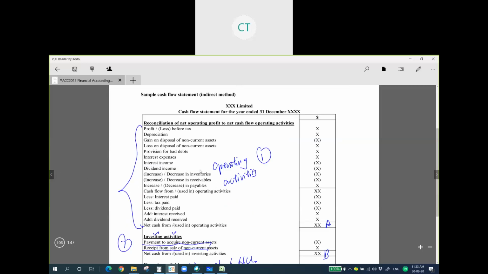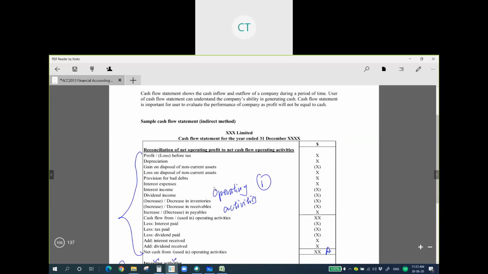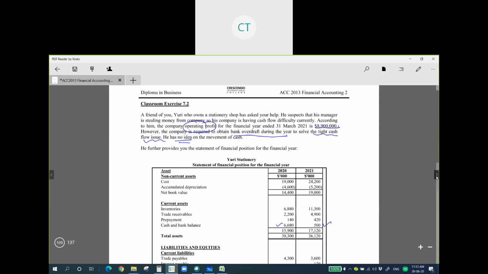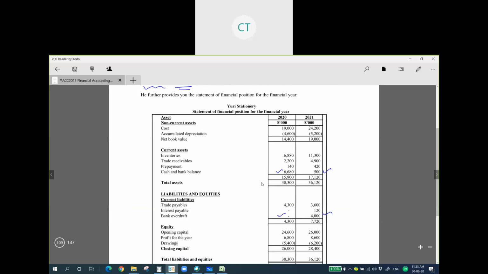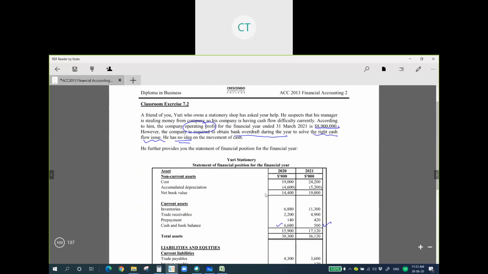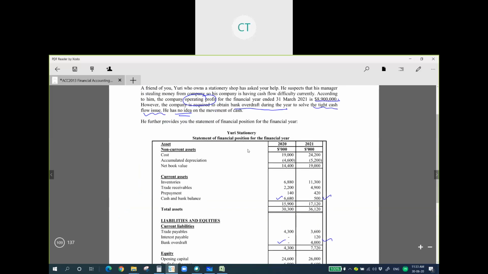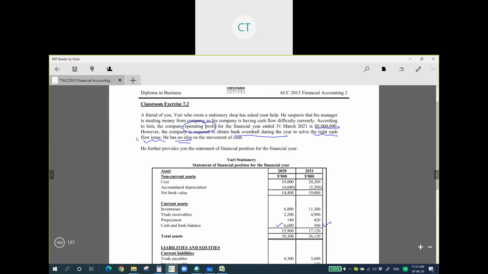So we know when we prepare the cash flow statement, we should start from what? Profit or loss before the tax. And then we take a look here. Unfortunately, we are not given the income statement, right? So we have to figure out the amount ourselves. And at the same time, you see, they say that the operating profit for the financial year ended 31st March 2021 is 8.9 million.